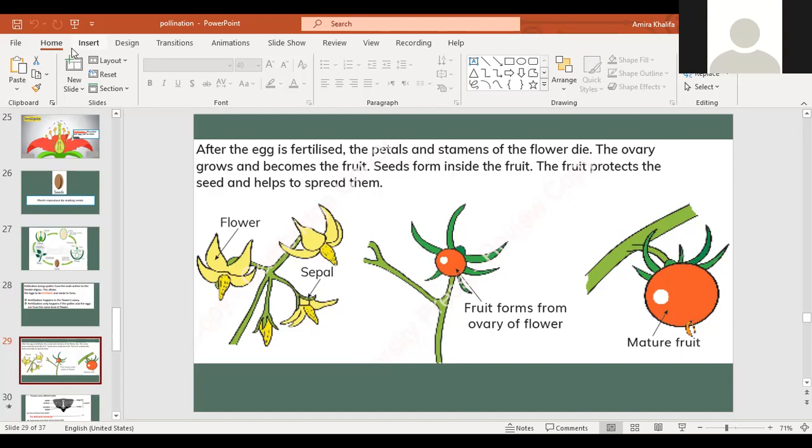Moving on, let's make a summary. We talked today about pollination and fertilization, which produce the reproduced part of the plant, the seed. Fertilization happens between the same kind of flower or plant.